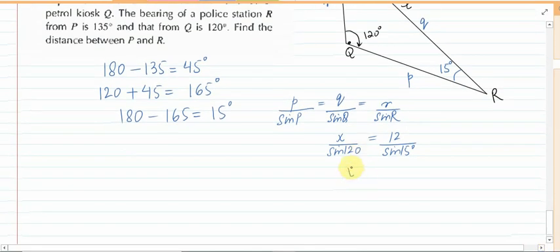First arrange it. X is equal to 12 divided by sine 15 multiplied by sine 120.